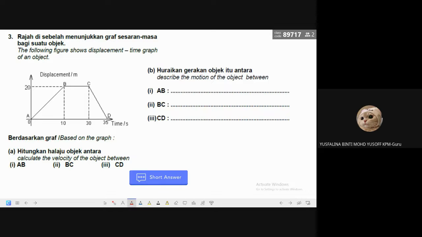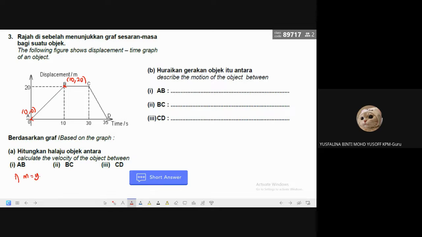So I take this point and this point. Here is 0, 0, and this one is 10, 20. For B, 10, 20. So I show you the calculation here for number one.